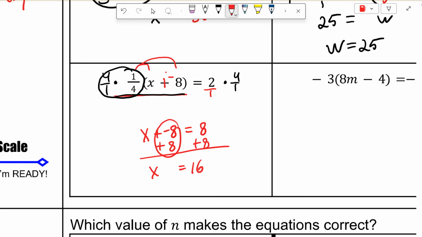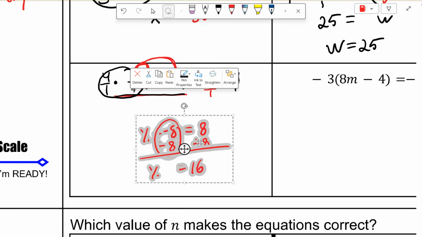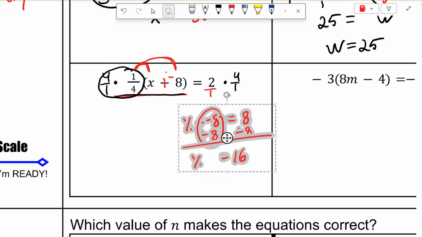Now you could, like I said, distribute here, and that would work just the same. In fact, let's show that as well. I'm going to move this to the right, and I will make a line down the center.